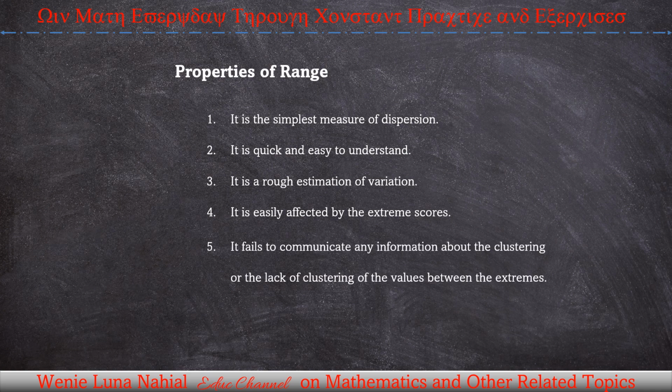Then it fails to communicate any information about the clustering or the lack of clustering of the values between the extremes. So we do not have an idea about the clustering of the observations, how far they are from a point of reference. We do not have that kind of information, again, because we only have the difference of the highest score minus the lowest score.